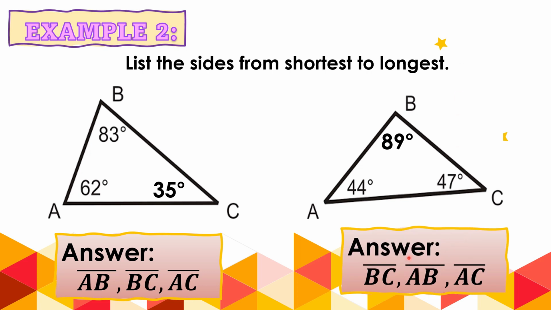The shortest side will be side BC because it is the opposite of the smallest angle. Second in line is side AB, and the longest side will be the side AC because it is the opposite side of the largest angle.